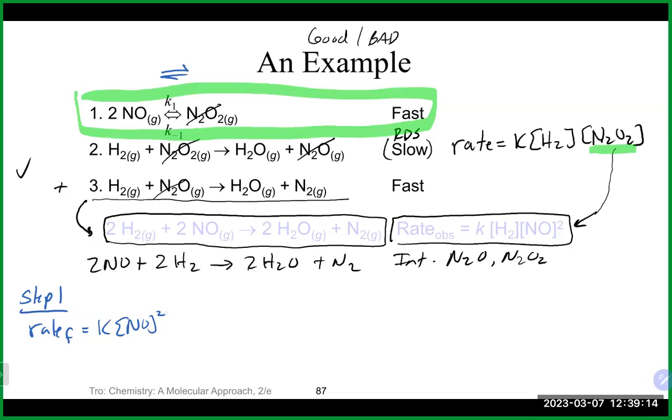We could also write the rate law going in this direction. And when it's going in that direction, our products actually become our reactants, right? So we could write the rate, which would be K times N2O2. Any questions on that there?